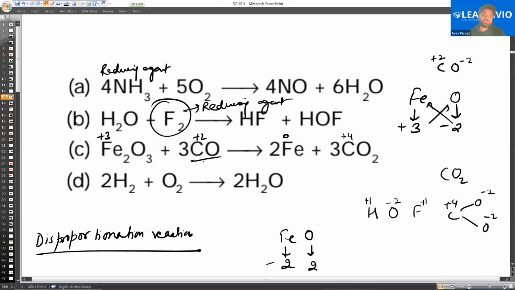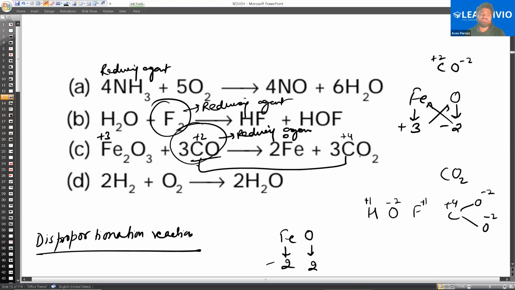तो +2 से +4 हो गया, मतलब oxidation. और जो substance यहाँ oxidize हो रहा है, उसको reducing agent मानते हैं. तो carbon monoxide is a reducing agent here. या फिर सिंपल से समझ लो कि इसके अंदर addition of oxygen हो गया, एक ऑक्सीजन है तो दो ऑक्सीजन हो गए.